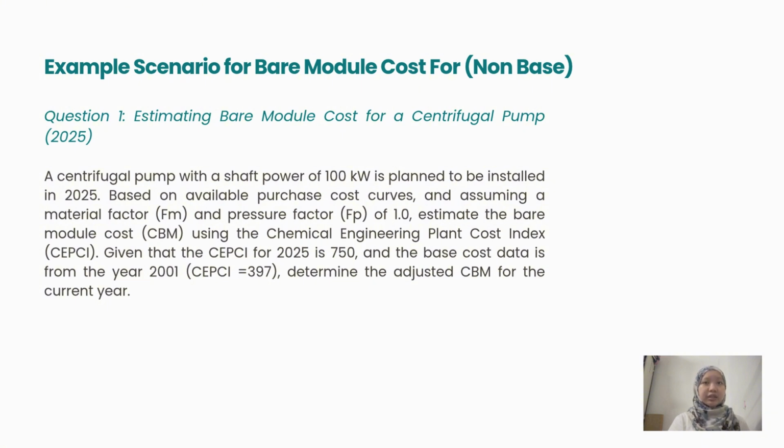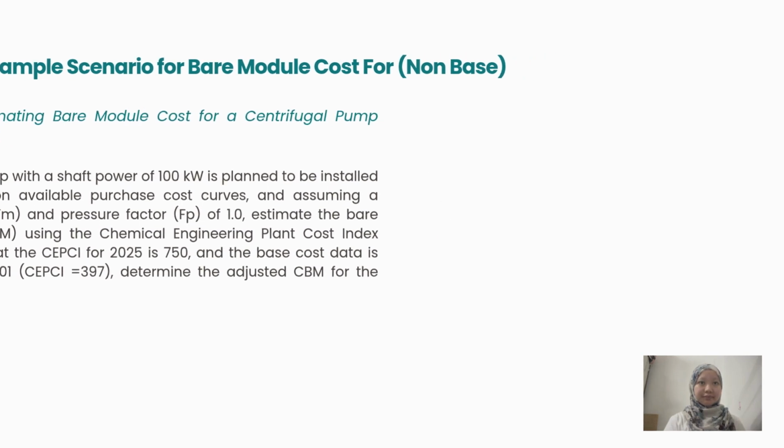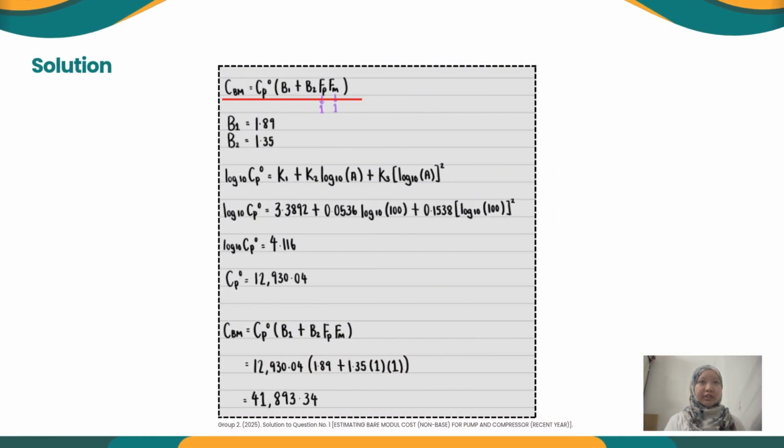So the question asks to find the adjusted CBM for the current year, which is 2025. To solve this question, we can use the bare module cost equation CBM equals CP0 times (B1 plus B2 times FP times FM). This formula is on page 26 in the handbook.